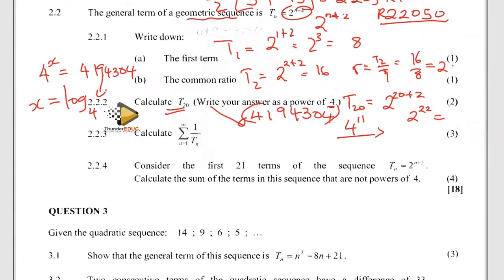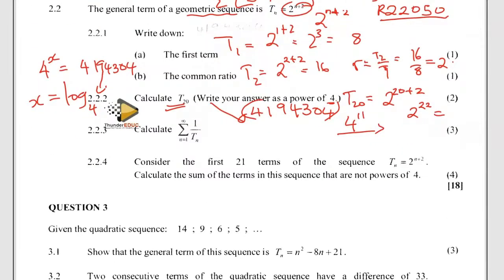Then 2.2.3, calculate the sum to infinity of 1 over Tn. So we know that the formula for sum to infinity is given as a over 1 minus r. So let's try to get the terms of this pattern. They said 1 over Tn. So if n is 1, the first term we got was 8, meaning that this pattern will be 1 over 8.